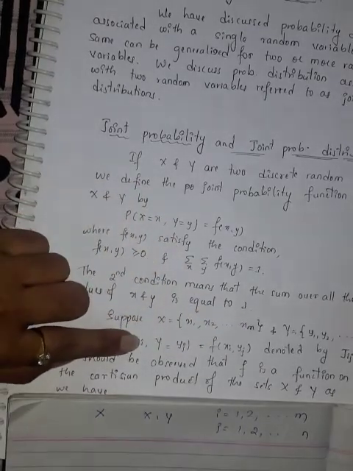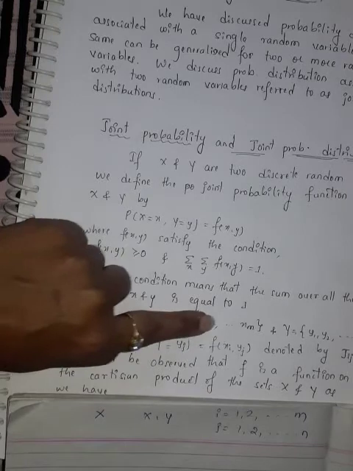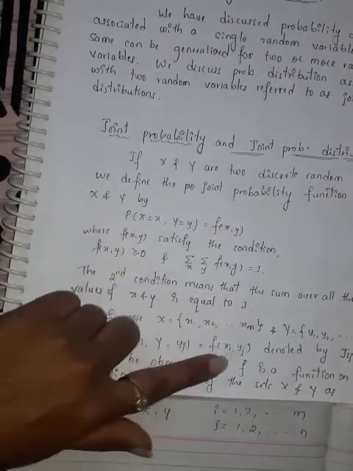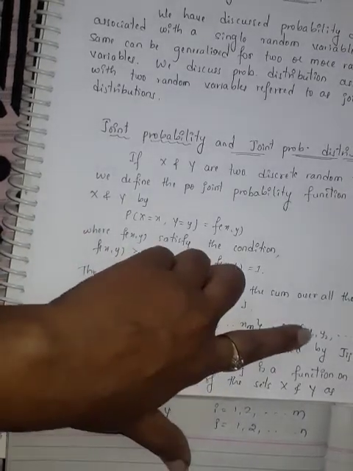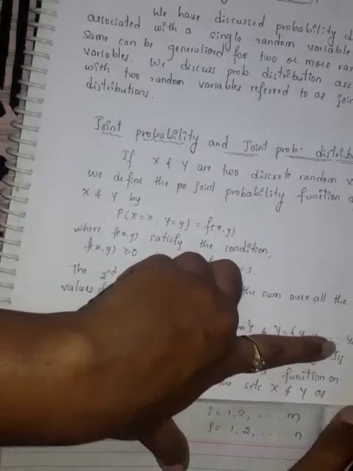So i varies from 1 up to m, and j varies from 1 up to n.